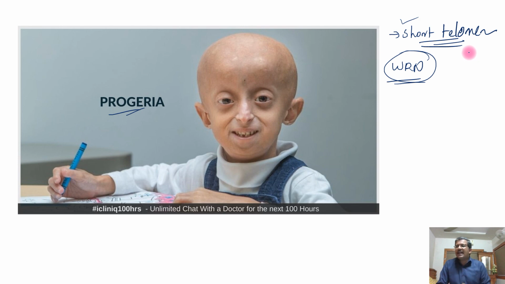If your cells have short telomeres, they will not divide as many times, and the number of divisions will shorten further. That's the relation between telomere length and the number of cell divisions a cell can undergo. Keep those points in mind.